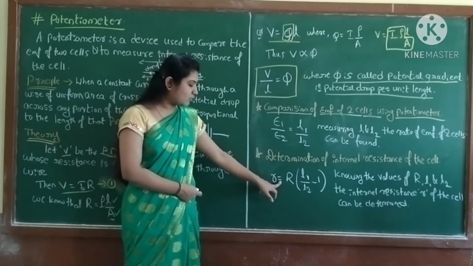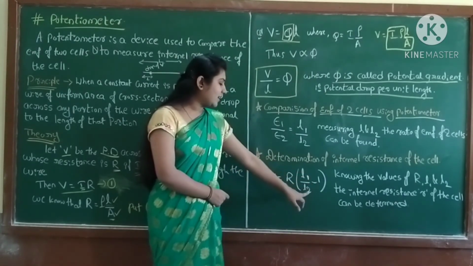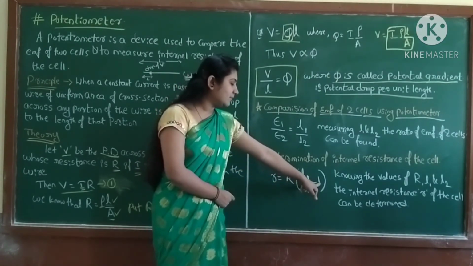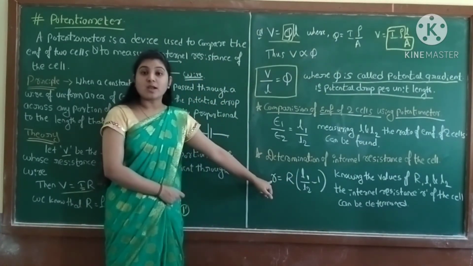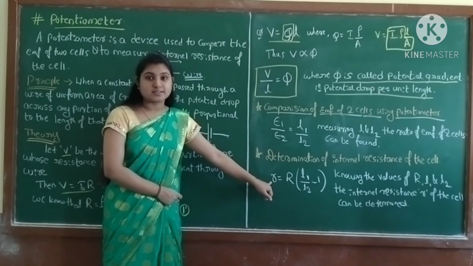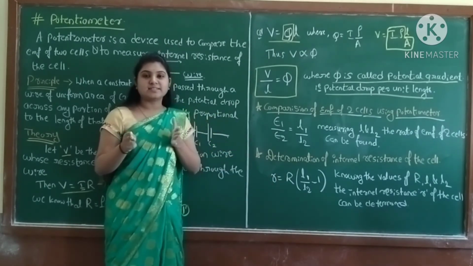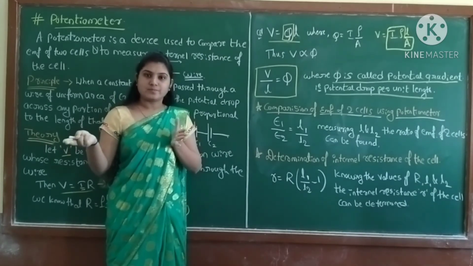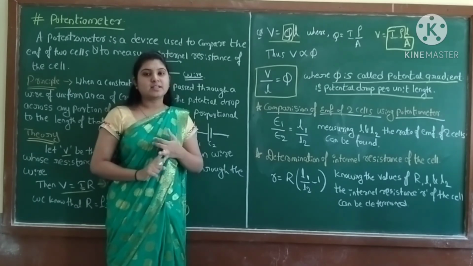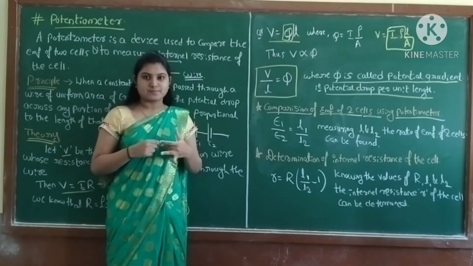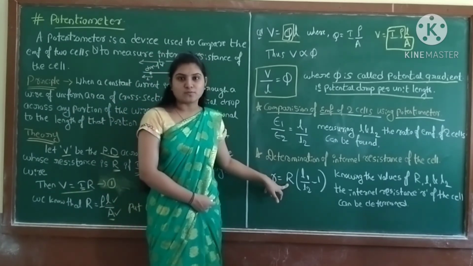Small r is equal to capital R in the bracket L1 divided by L2 minus 1, bracket close. Here small r will be the internal resistance, as we already discussed about the EMF, internal resistance and the cell, in that combination. So capital R will be the resistance.